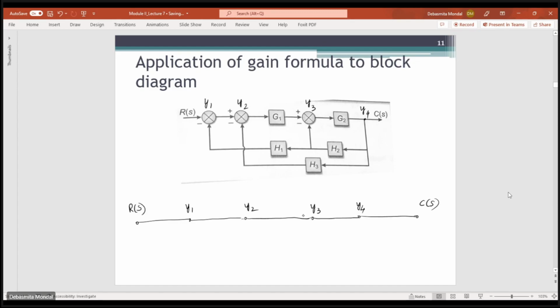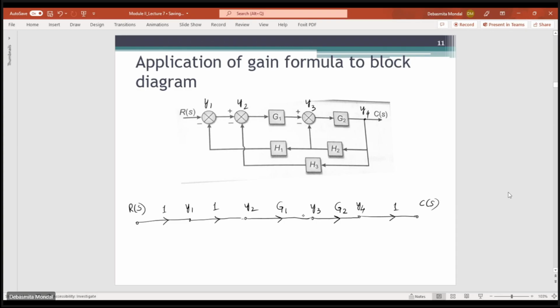Between Rs and Y1, there is no gain involved, so this is unity gain. Between Y1 and Y2, this is also unity gain. Between Y2 and Y3, there is a gain of G1. Between Y3 and Y4, you have a gain of G2. And between Y4 and C1, you have a gain of 1.